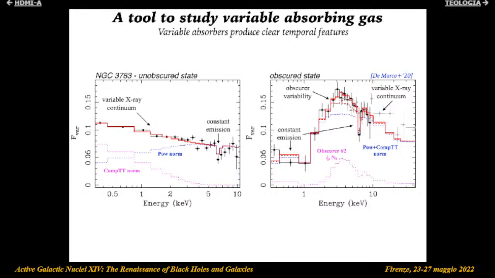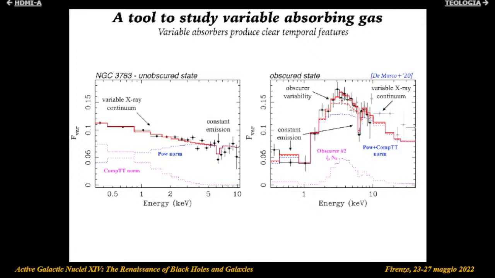This is, for example, the case of 3783, where we show the fractional variability, which is the fraction of variable flux in this source, as a function of energy during an unobscured state and then one obscured state. As you see, there is a lot of change, and what we have found is that this excess here is due to changes in the obscurer.